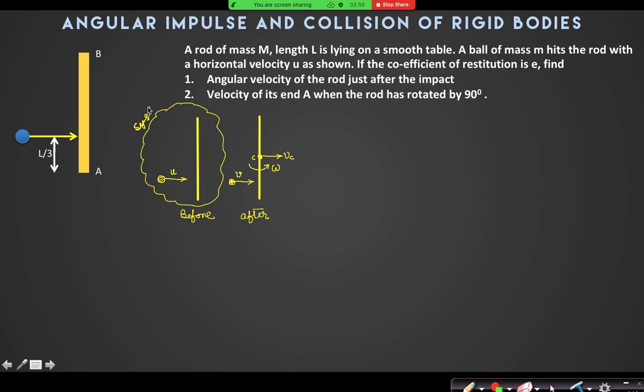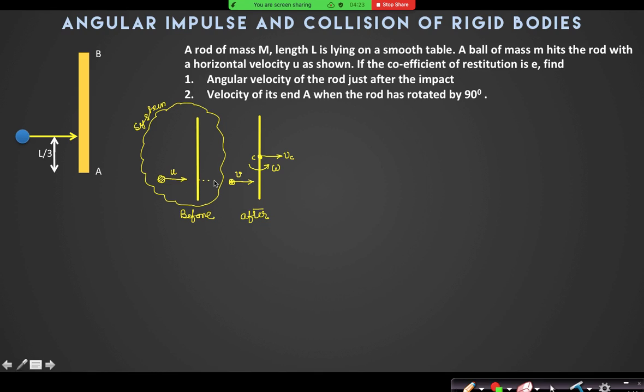So this is my entire system. What can I say about the angular momentum conservation? It can be conserved about any point, yes, because there is no external or impulsive force on it.